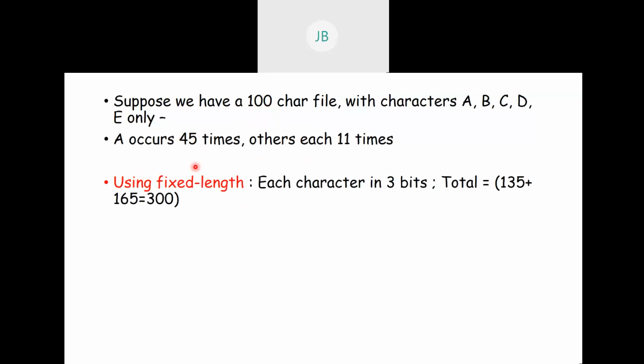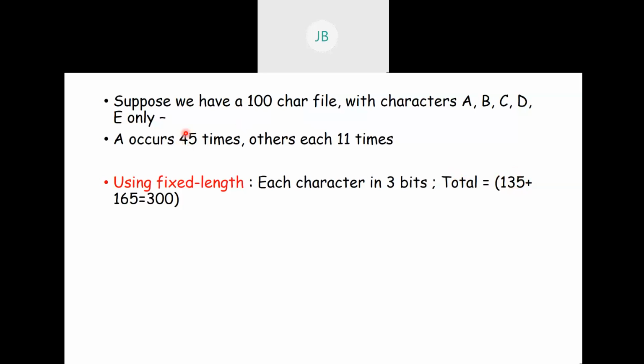Now, if we use fixed length encoding, where each character, that is A, B, C, D, and E, is represented with 3 bits, how many bits in total do we need? To represent A, we need 135 bits, right?